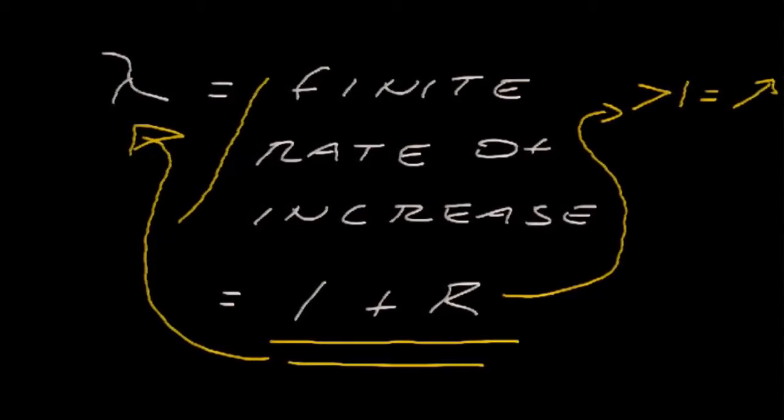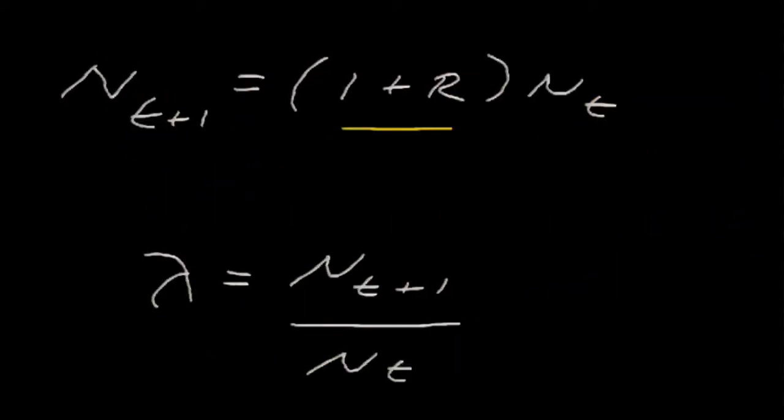If our lambda value is 1, our population is stable, not changing. And if our lambda value is less than 1, our population, again, is on a downward trajectory. It's declining.